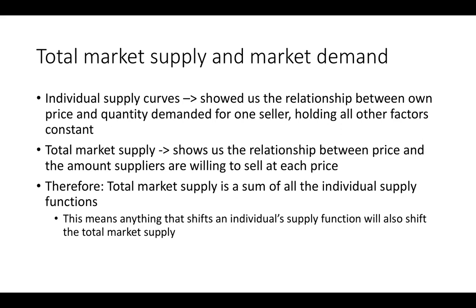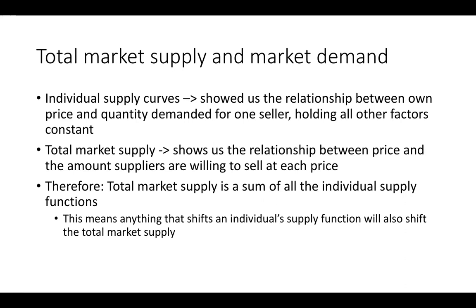We're looking at price and quantity supplied for one singular seller. So to find that total market supply, we're going to add up all the possible sellers' individual supply functions. And then that total market supply is going to show us the relationship between price and the amount sellers are willing to sell or supply at each price.